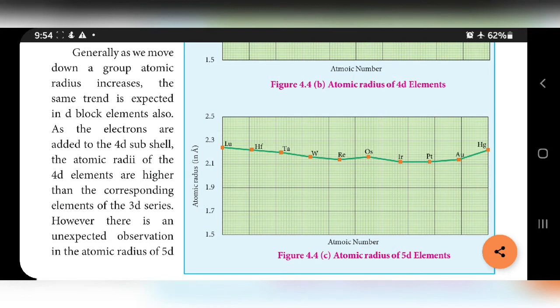See here, in a group, if you move from top to bottom, size increases. The same trend is expected in d block elements. As the electrons are added to the 4d subshell, the atomic radii of the 4d elements are higher than 3d.